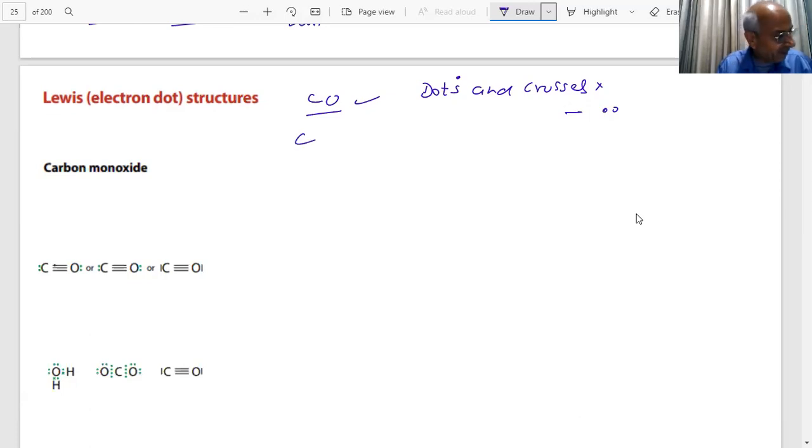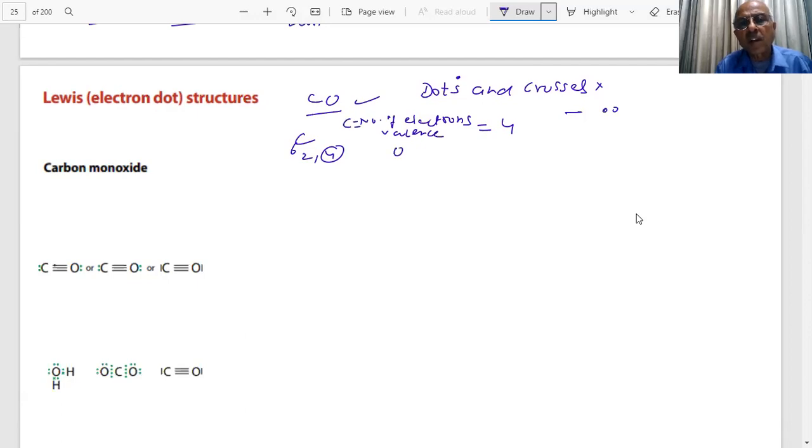Carbon, what is carbon? Carbon atomic number is 6. How many valence electrons does carbon have? Tell me. 4 electrons are there in the outermost shell of carbon. And you have oxygen. Carbon has got 4.